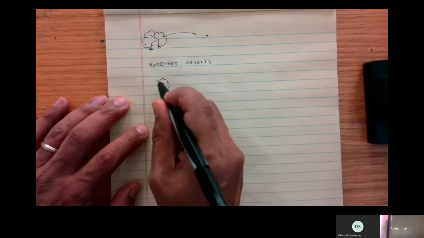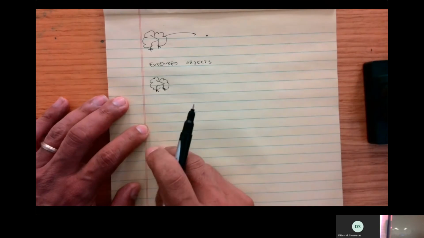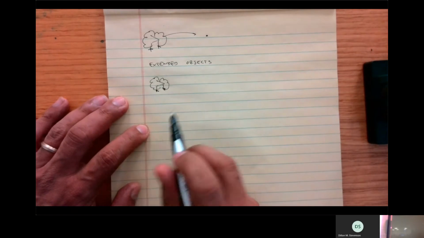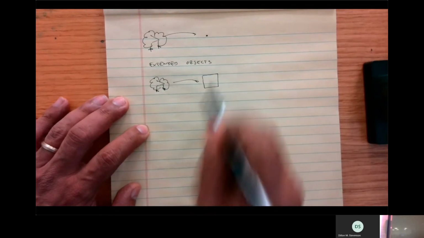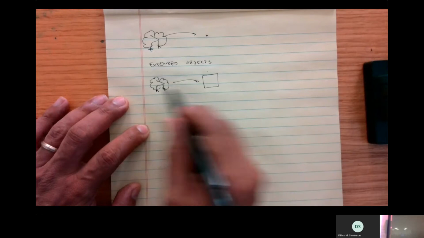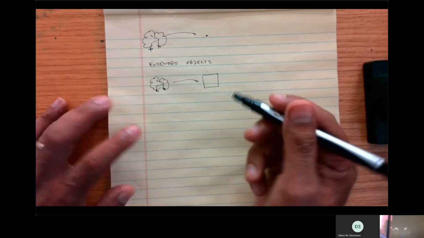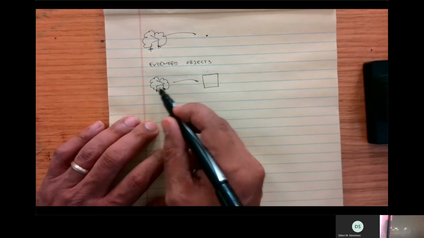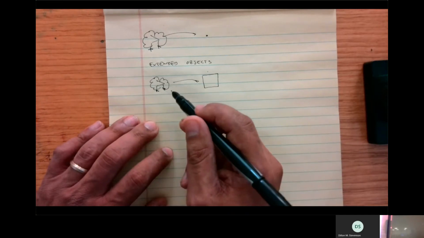Now, working with the shape of a bird is a little bit complicated, but I can approximate this bird maybe with a square. And as long as the dimensions of the square are similar to the dimensions of the bird, and as long as the mass remains the same, then I can assume that the square is going to be a model of the bird. And I can apply this to pretty much everything.